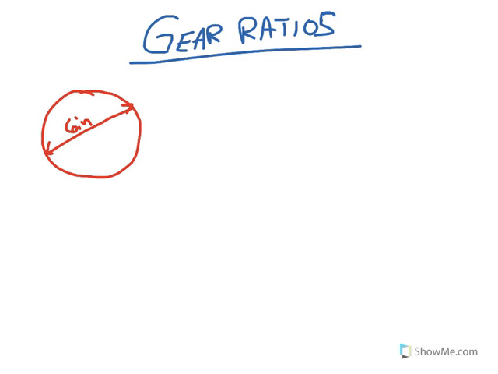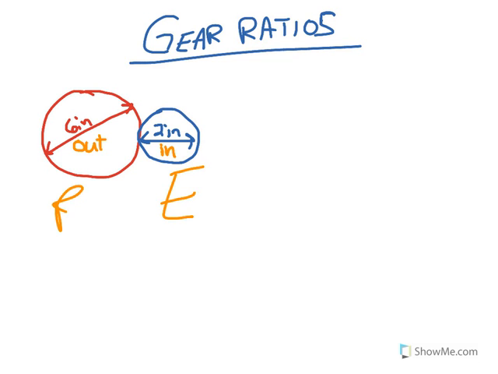Here's a gear beside it, and let's say that that gear is 2 inches in diameter. Let's also say that the gear on the right is in, meaning it's the driver, and the gear on the left is out, meaning it's what's being driven. This would be the effort, this would be the resistance.